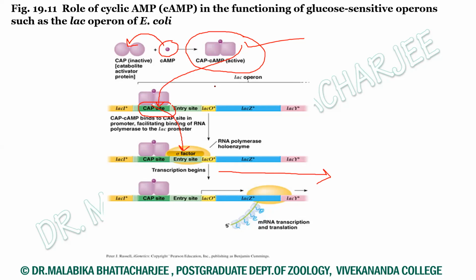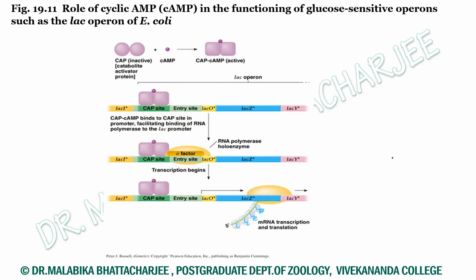In the absence of this CAP-cAMP complex, the polymerase can come and bind to the promoter element, but the binding is not that efficient. And hence, even in the absence of glucose, with lactose present and no repressor bound at the operator, the polymerase can bind to the promoter, but the binding is not efficient.